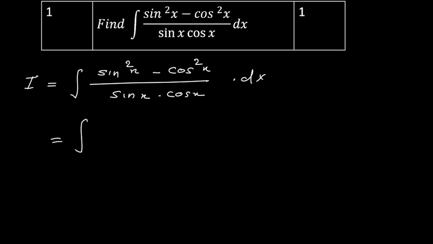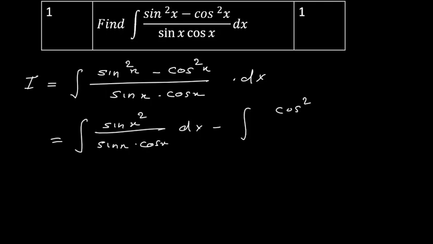Now this side I will split them. So once I split them, I get sin square x upon sin x cos x into dx minus I will get cos square x upon sin x cos x.